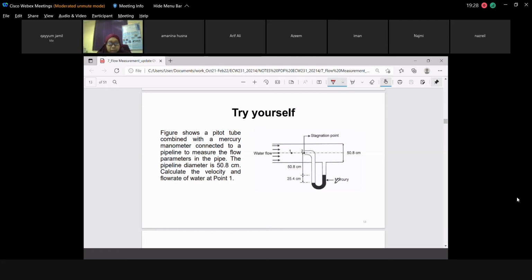Okay, so when it is combined with a manometer, you need to use your previous knowledge on hydrostatic pressure, where we measure pressure. What is the formula we use to measure hydrostatic pressure? When you learn hydrostatic, what is the formula to find pressure?